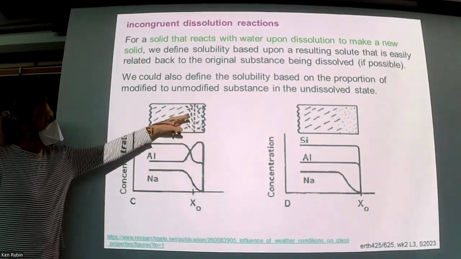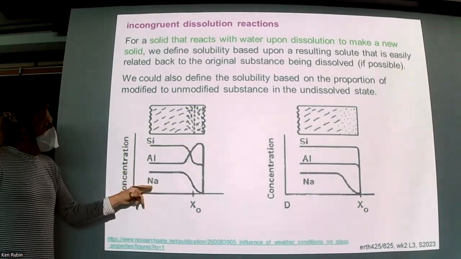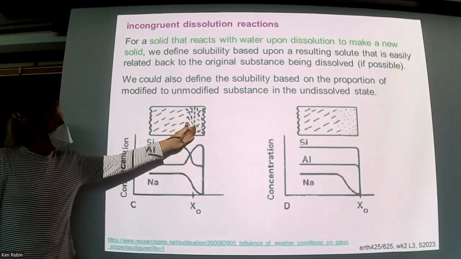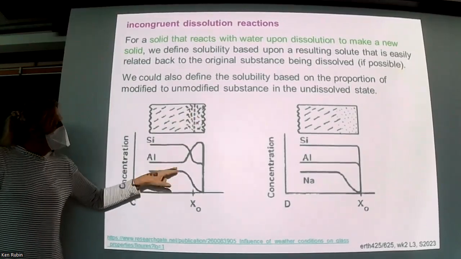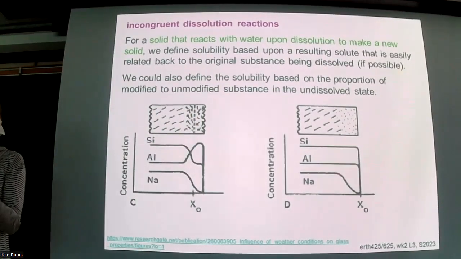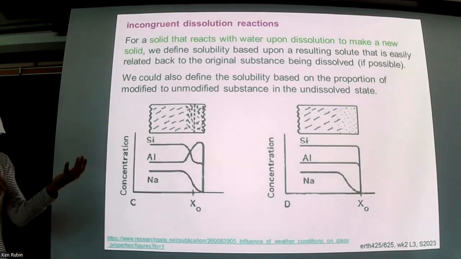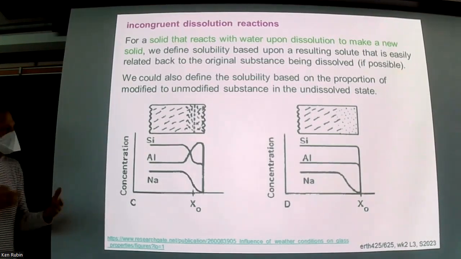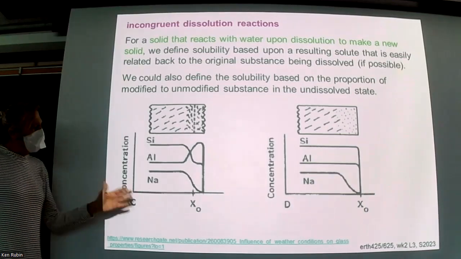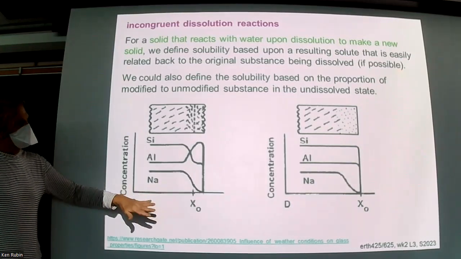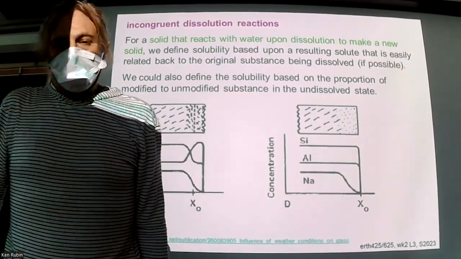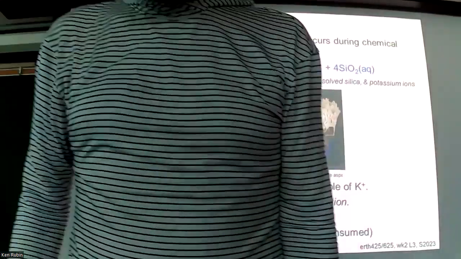Yes, aluminum goes up, yes, silicon goes up, but we can say that for each amount of this substance that dissolves, it completely loses its sodium. That means that a mole of solid is producing a mole of sodium into solution. We can still track the solubility even though the product of dissolution is a new solid, by looking for the thing that is liberated.